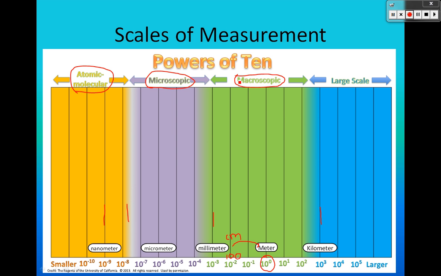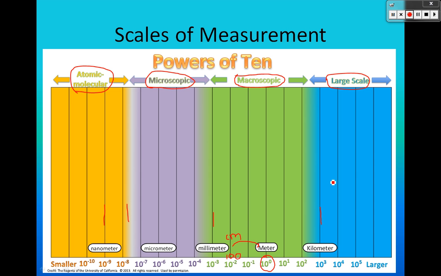And then on the flip side of these, we have what we call large scale. It is exactly what it sounds like. The large scale is larger things than that macroscopic scale. For example, the size of a galaxy would be considered large scale. The distance from here to the sun or across a solar system would be considered large scale.